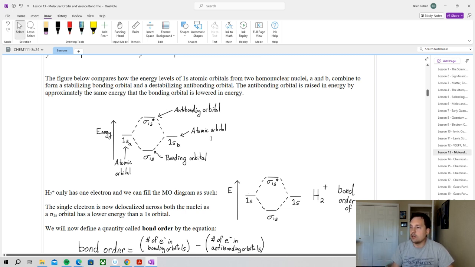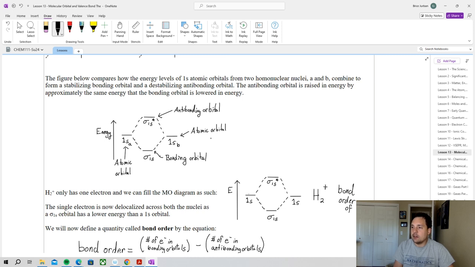So I have the 1sA orbital. That's the orbital from hydrogen A. So if we define them as A and B, and then I have another atomic orbital for hydrogen B, they come together to give us two new orbitals, which are molecular orbitals.